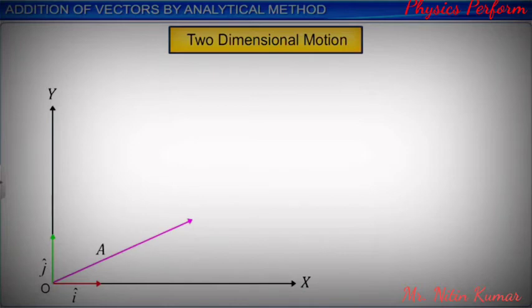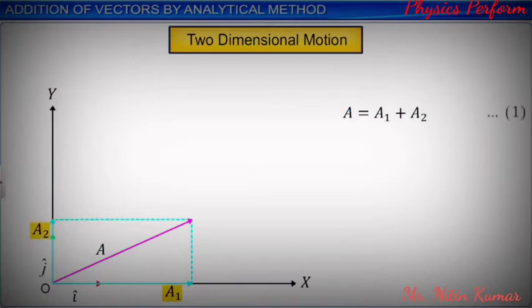From the head of the vector, draw perpendicular lines to the coordinate axis to obtain vectors A1 and A2. Hence, we can write A is equal to A1 plus A2. Let this be equation 1. As A1 is parallel to i, you can write A1 is equal to Ax i. Let this be equation 2.